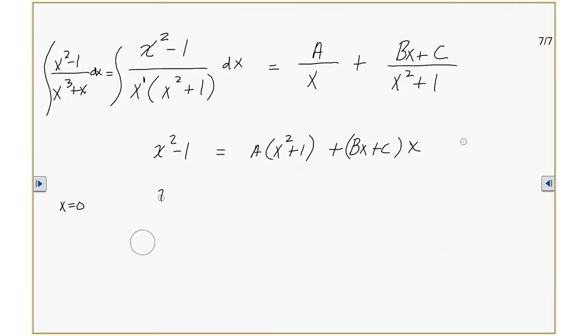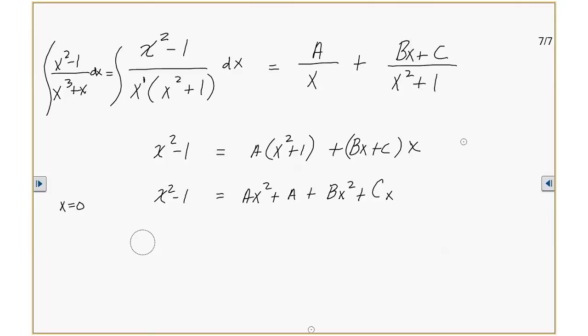So x squared minus 1 equals ax squared plus a plus bx squared plus cx. Make sure I didn't mess up.